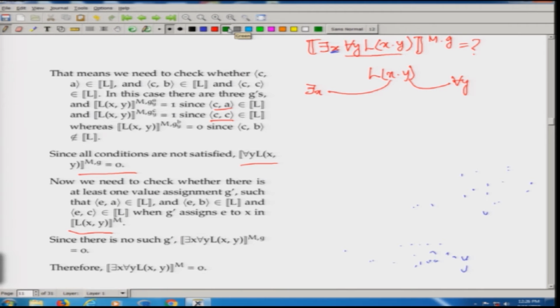What we are doing is this: we need to check whether A is something for which, now this is a case of AND, all the three combinations are there in the structure of L, which we know already, or B is something where this pairing goes, or C is something for which this pairing goes.